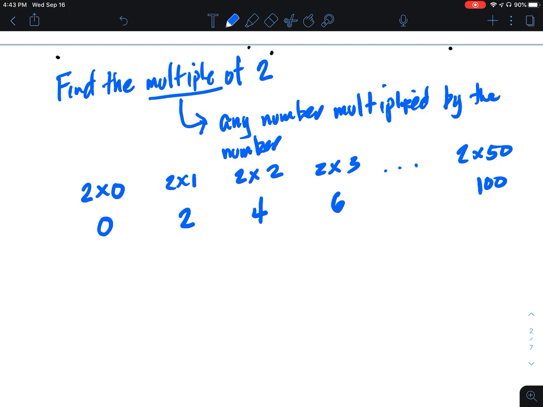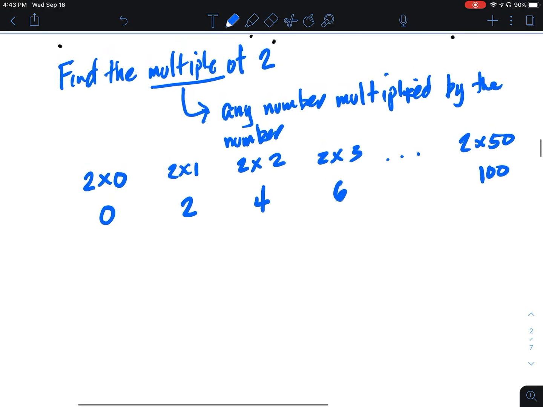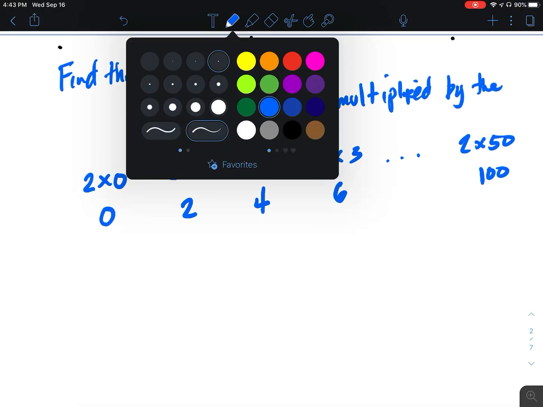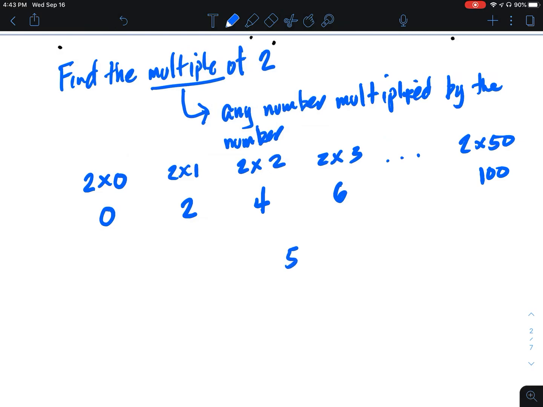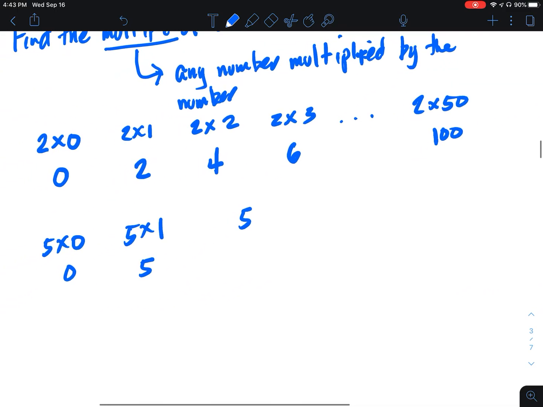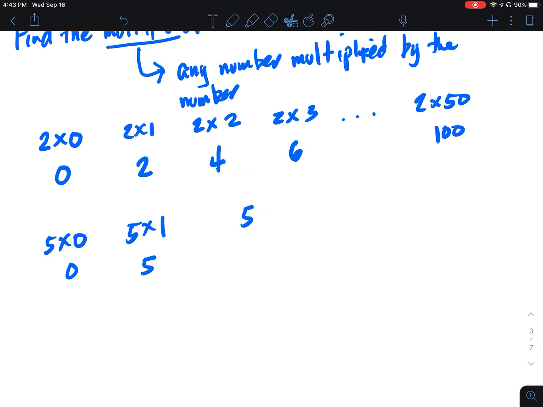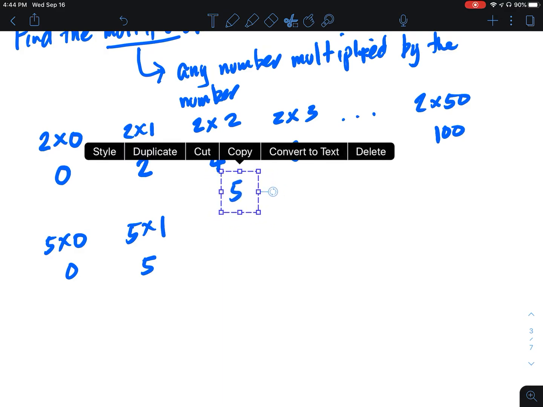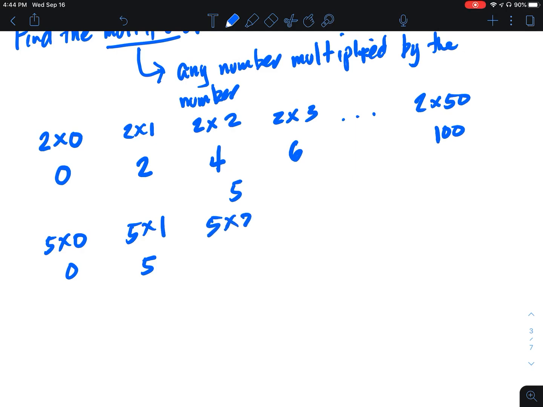2, 4, 6, 8, 10, 12, 14, 16, 18, and so on and so forth. If I want to find the multiples of 5, for example, any number that I multiply with 5 will be a multiple of 5. So 5 times 0 is 0. 5 times 1, that's the second multiple of 5. 5 times 2 is 10. 5 times 3 is 15.